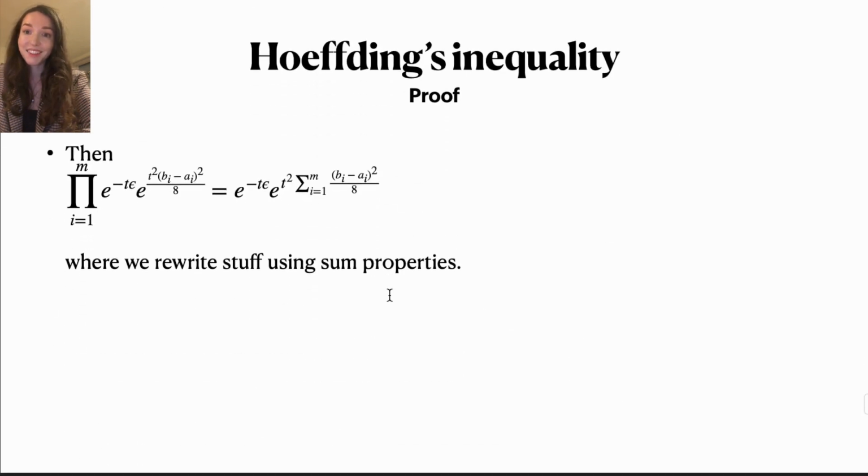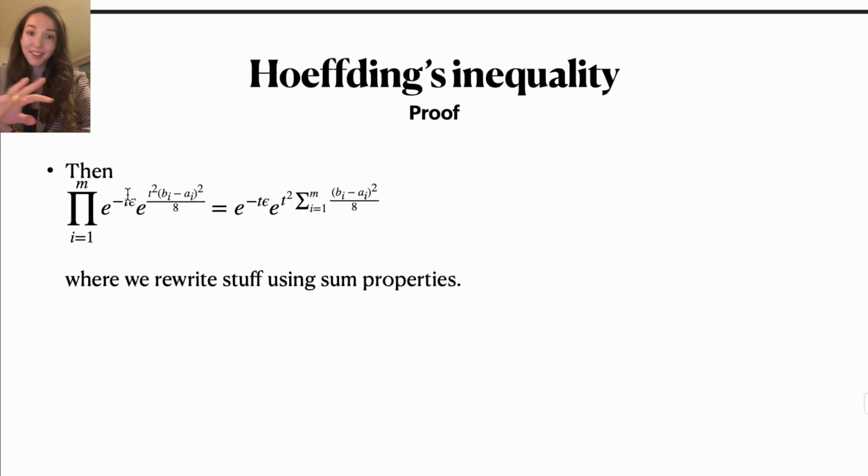Almost there. Then we rewrite this right-hand side, this product of these exponentials, where we used Hoeffding's lemma to bound the expected values. We rewrite it as the sum again, so we basically take that the exponential of a product is the exponential of sums.